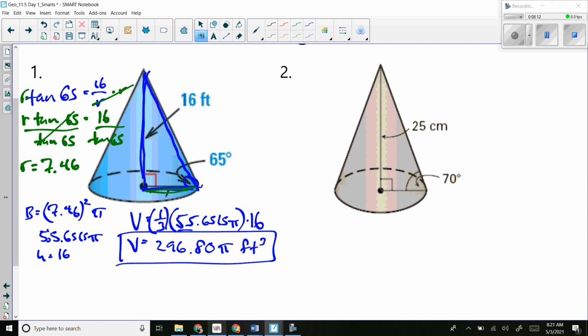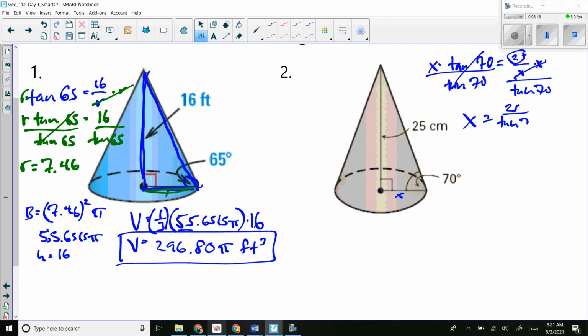Okay, next problem. This is, again, very similar to the last one. We're going to use tangent because they give us the exact same locations. We're trying to find our radius. I'll call it x. So tangent of 70 equals the opposite, 25, over the adjacent, x. Multiply both sides by x. Here the x's are going to cancel. But the x isn't by itself, so I'm going to divide by tangent of 70 on both sides. That leaves me with x equals 25 over tangent of 70.